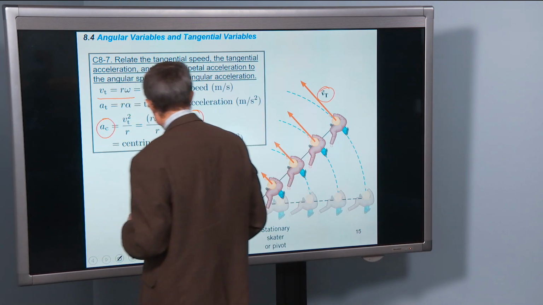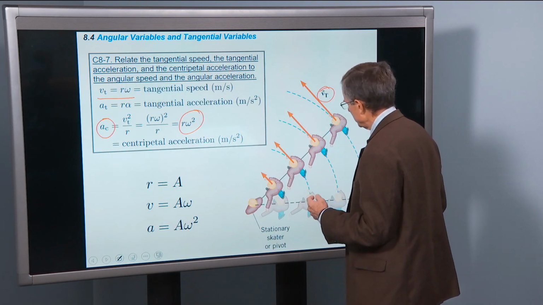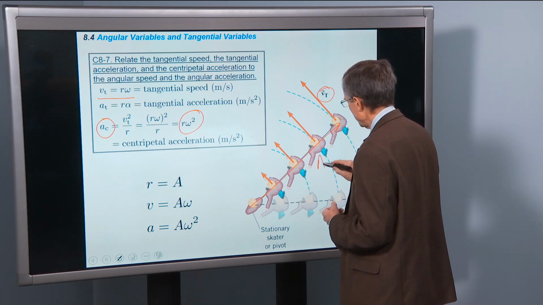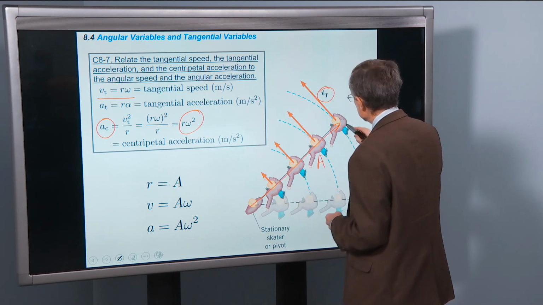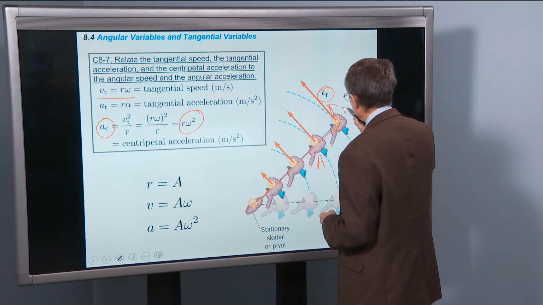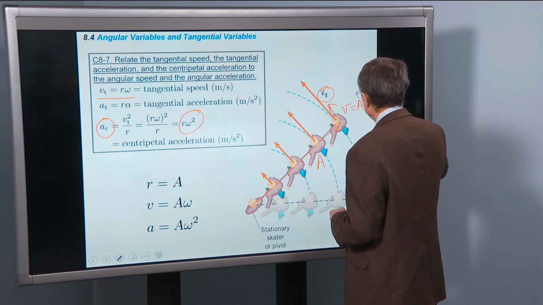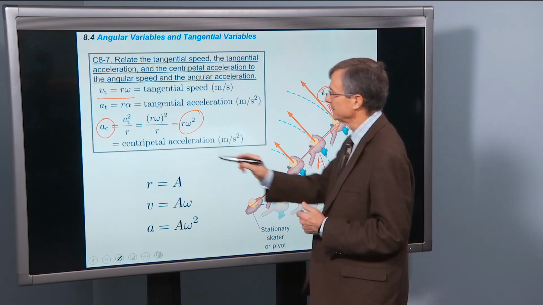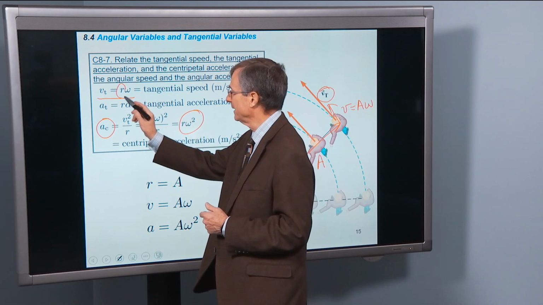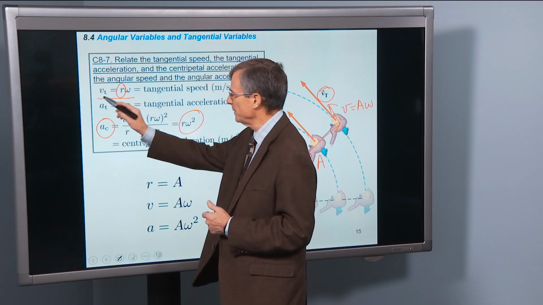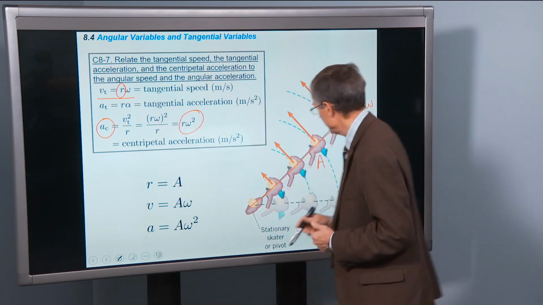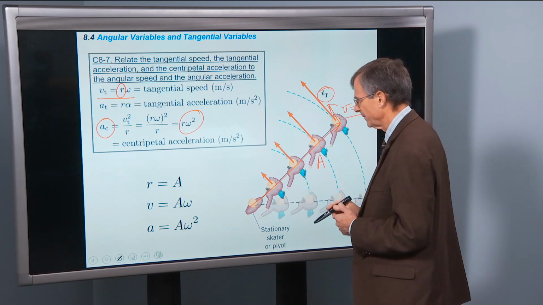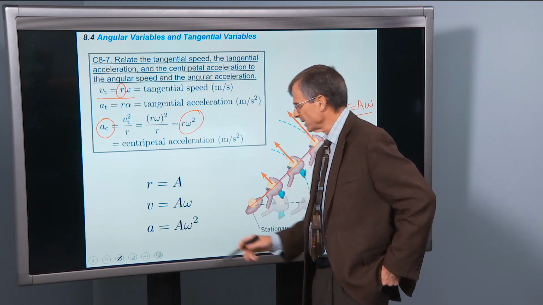So the radius out here is A. The speed is A omega. If r equals A, then that tangential speed will be A times omega. No big deal. That's how fast it's going around the outside. And then finally, the acceleration.